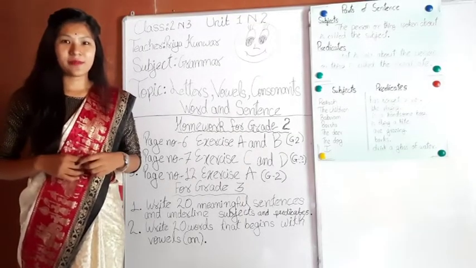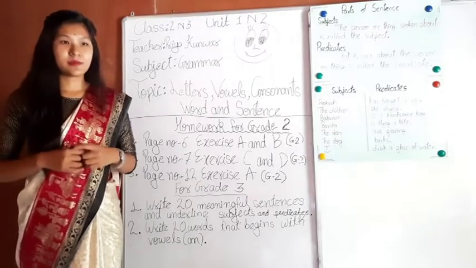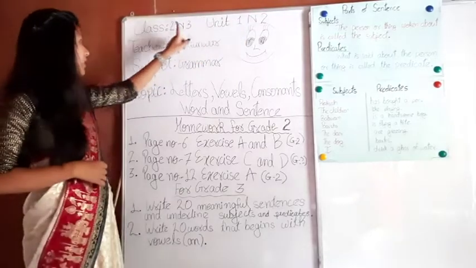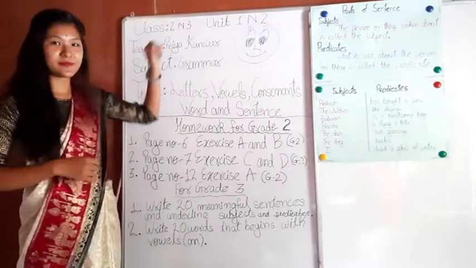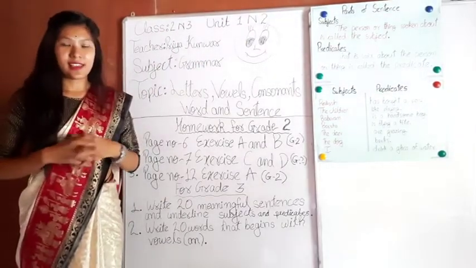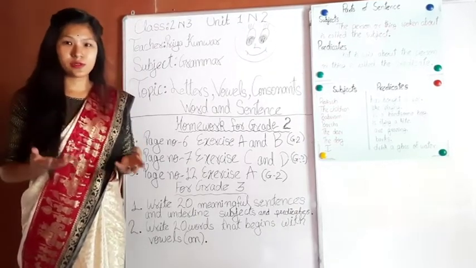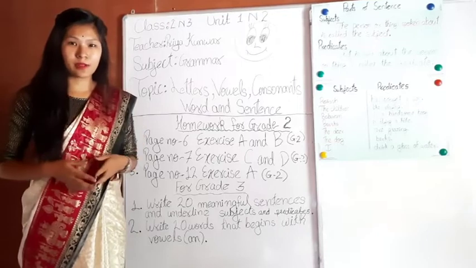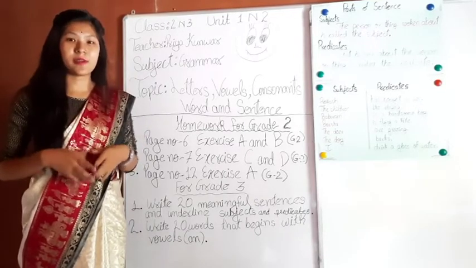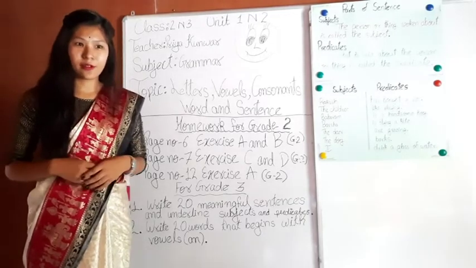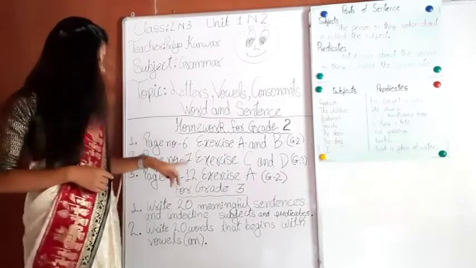I have tried my best to complete unit 1 and 2 for grade 2 and 3. Again I repeat, if you didn't understand or if you have any problem, please consult your parents or me. Now it's time for homework.